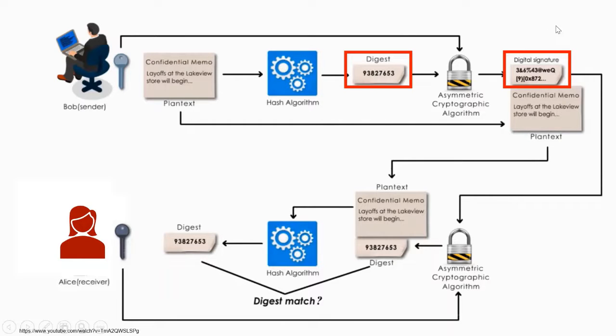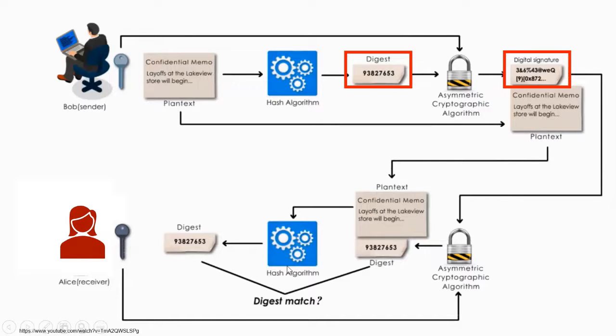So the receiver will receive both the message and the digital signature. And then what they do is try to decrypt the digital signature. So the receiver will use their own private key, which is used always for decryption, to come up with the hash value, which was created by Bob. And then they also need to create the hash value using the same hash algorithm.